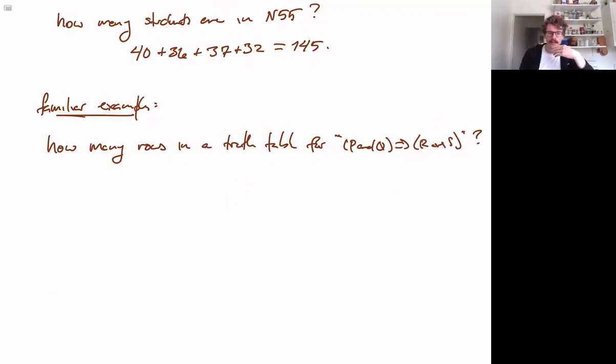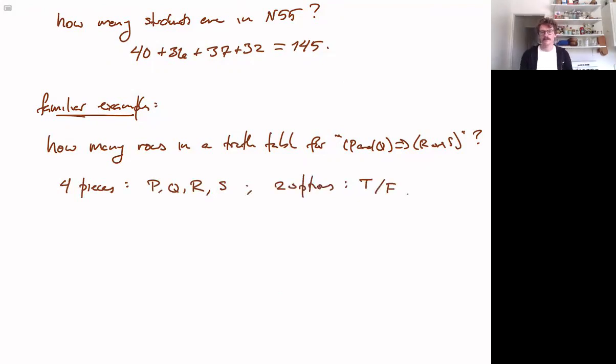So what is this asking? It's essentially asking how many combinations of truth values can we give to these 4 propositions? So we can analyze this in this language by saying that we can break it up into 4 pieces, which are P, Q, R, and S. And we have 2 options for each. They are either true or false.